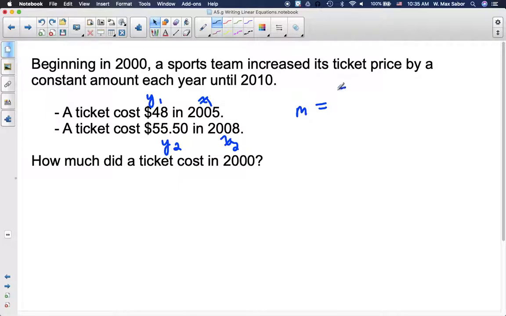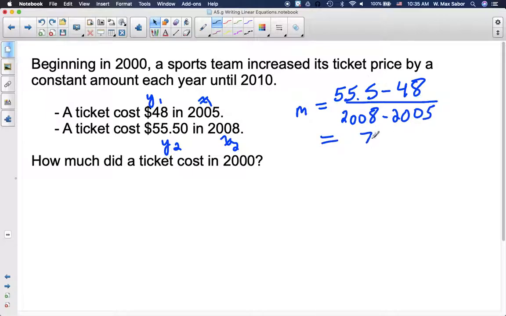So our slope is 55.5 minus 48 over 2008 minus 2005 gives us, let's see, 7.5 over 3, which is 2.5. So it's increasing by $2.50 each year.